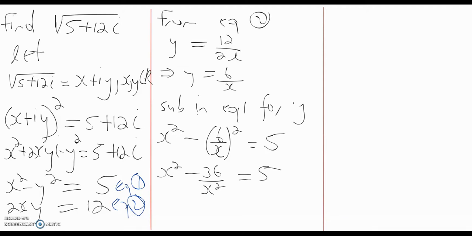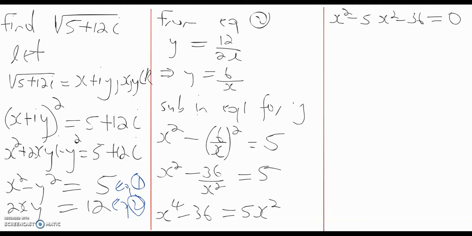All right, we need to get rid of the denominator so we can multiply everything by x squared. Which, by indices, becomes x to the 4 minus 36 equal 5x squared. Right away we can see that this is a hidden quadratic equation. So I'm going to bring everything to one side. I'm going to have x to the 4 minus 5x squared minus 36 equals 0.